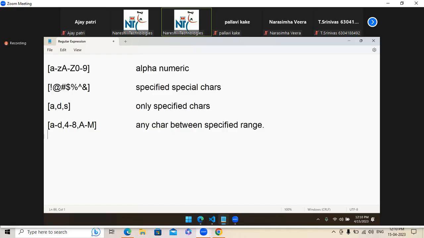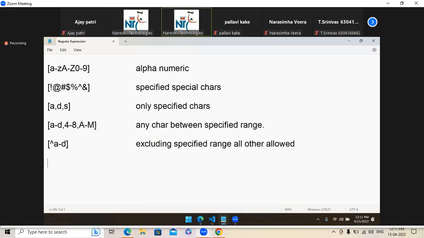There is another option. We can use it like this. Suppose in the square brace, I write the caret, the exponent symbol, like ^A-D. That indicates excluding the specified range, all others allowed.